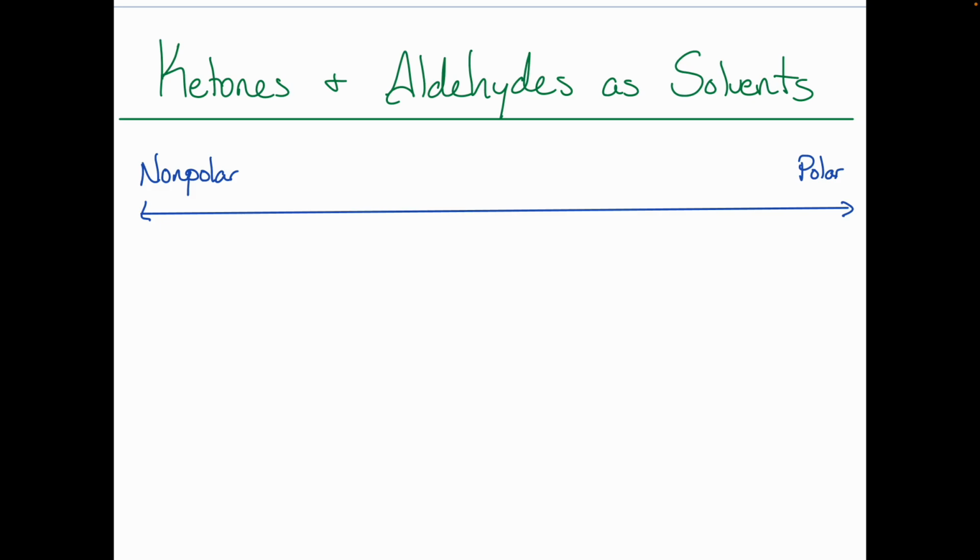The most polar solvent that you can get is water. What about the most nonpolar solvent? What do we use if we just want a strictly super nonpolar solvent? What functional groups? Alkanes, yeah, just carbons and hydrogens.